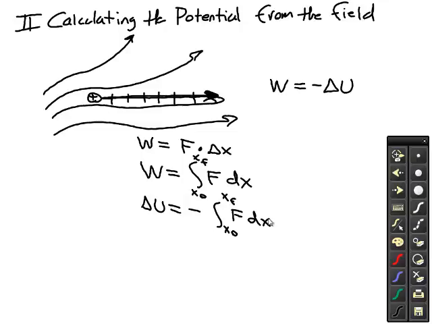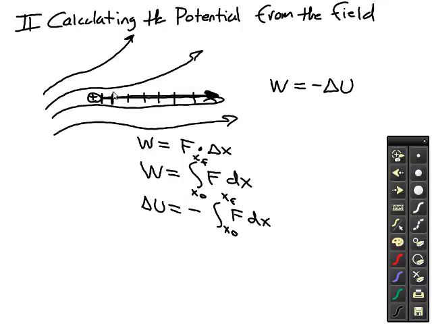Okay? Using the wonders of calculus, imagine that from here to here the field pretty much stays the same because that distance, dx, is so tiny. If the force stays the same, we can break this up into an infinite number of tiny distances, find the total work done, slap a negative sign on it, and we find the change in potential energy.